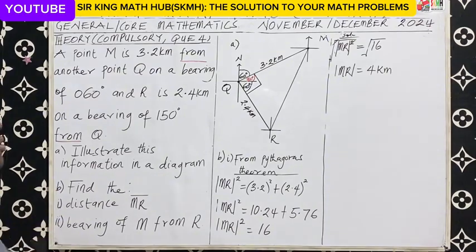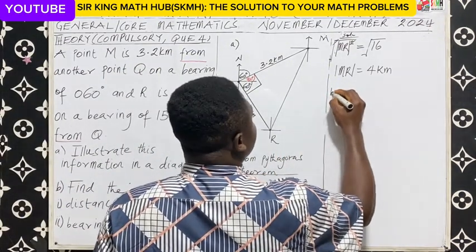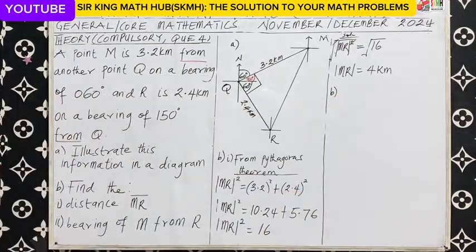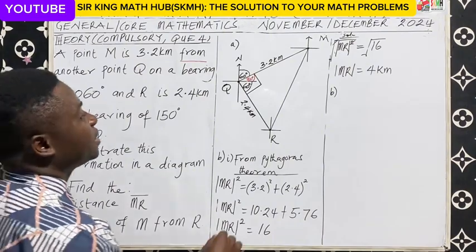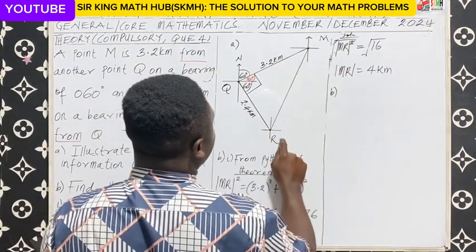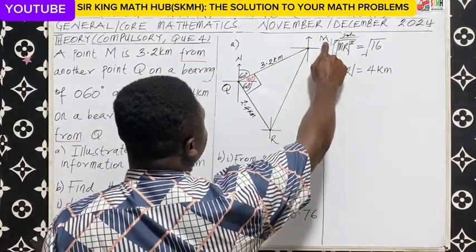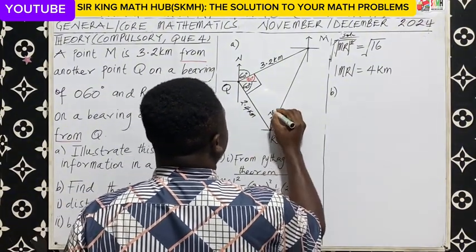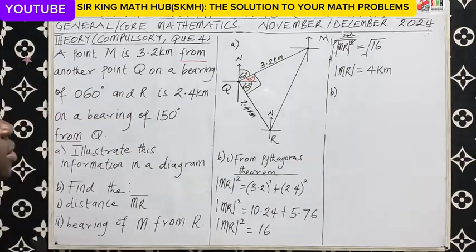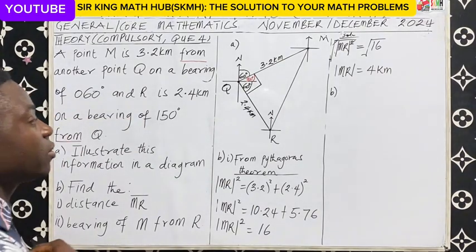Now the B part. We have to find the bearing of M from R. The bearing of M from R. So from R, there is our geographical north.